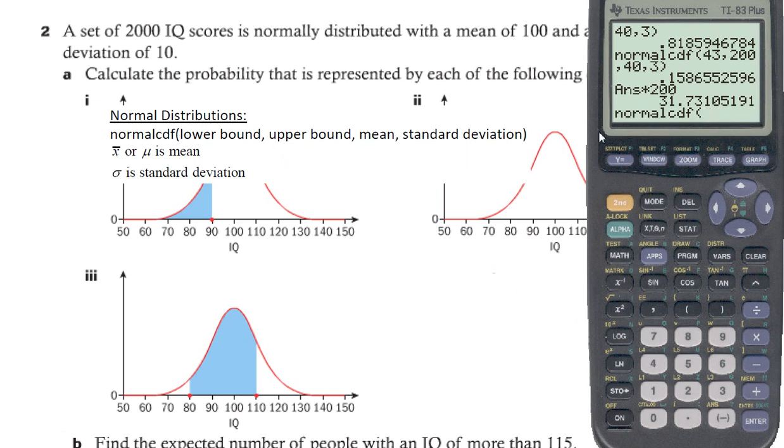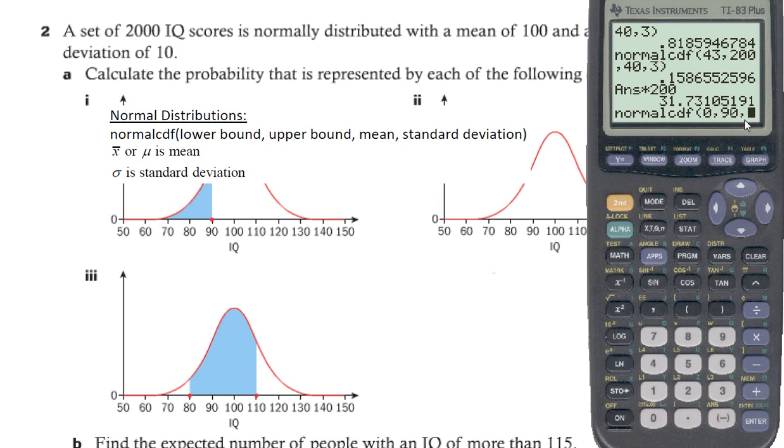So, normal CDF, lower bound. The lowest we want this to be, they show 50. I'm just going to put 0 in there. That's not going to hurt. So we want this to be anywhere from 0 up to 90. The reason why I picked 0 instead of 50 is there's going to be a really small number in there that could possibly be 50. If I put all the way down to 0, then I know I'll include everything all the way down.